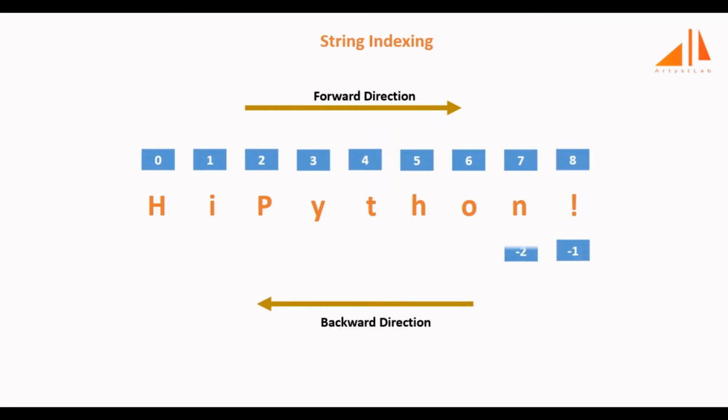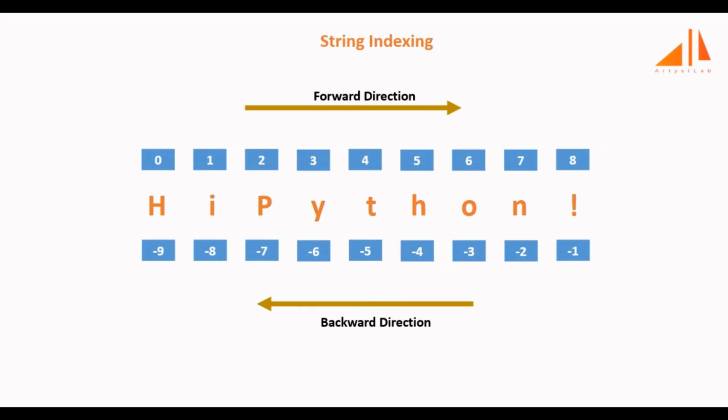From this exercise, you can understand that we can access elements of a string from either direction, forward or backward, depending upon the need. For example, the first element of this string, capital H, can be accessed using index 0 going forward or using index -9 if we start backward.